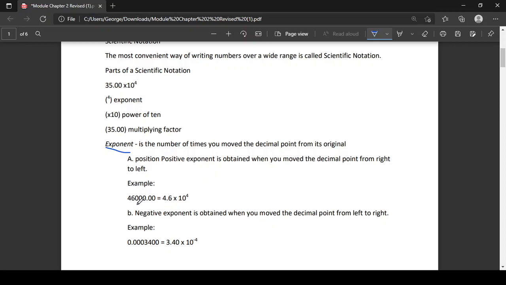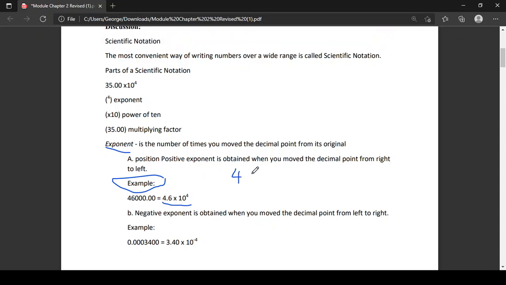Again, how do you move? Here is an example. Kids, you have your 46,000.00. How does it become 4.6 times 10 raised to the power of 4? How does that happen? Kids, I will write this 46,000. You have a decimal point.